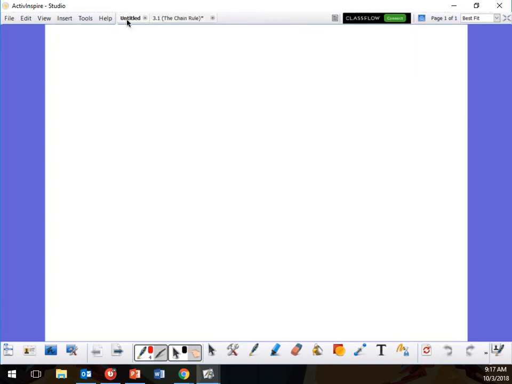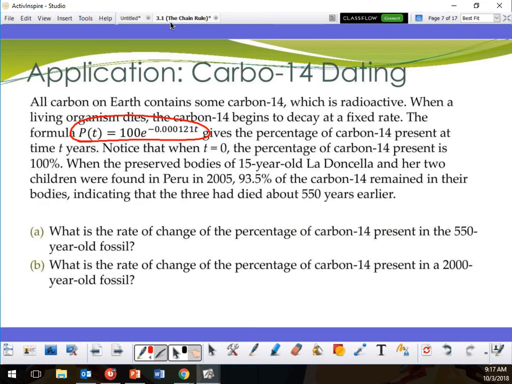All right, so P of t is equal to 100 e to the negative 0.000121t, right? Okay, so now let's go back to the problem. This is my scratch paper here.